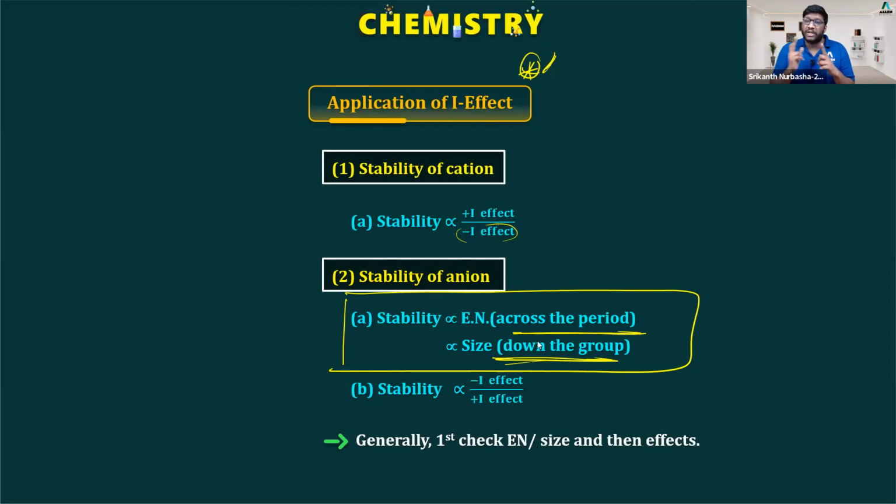If you are comparing species in a particular period, electronegativity is the dominating factor. If you are comparing species in a particular group, size is the dominating factor.